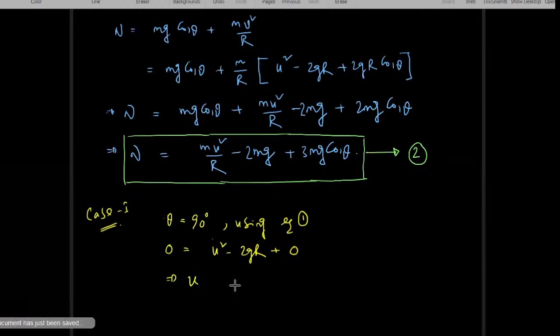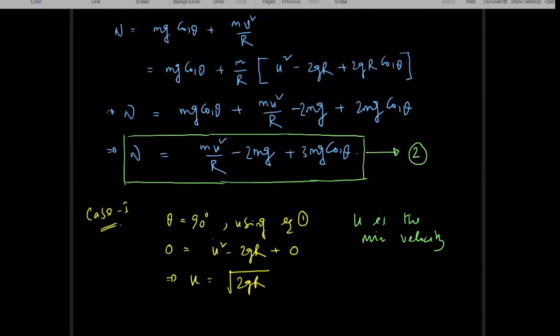So u is equal to root under of 2gr. Let us come to a point one by one. What is u here? u is the minimum velocity required to reach B.